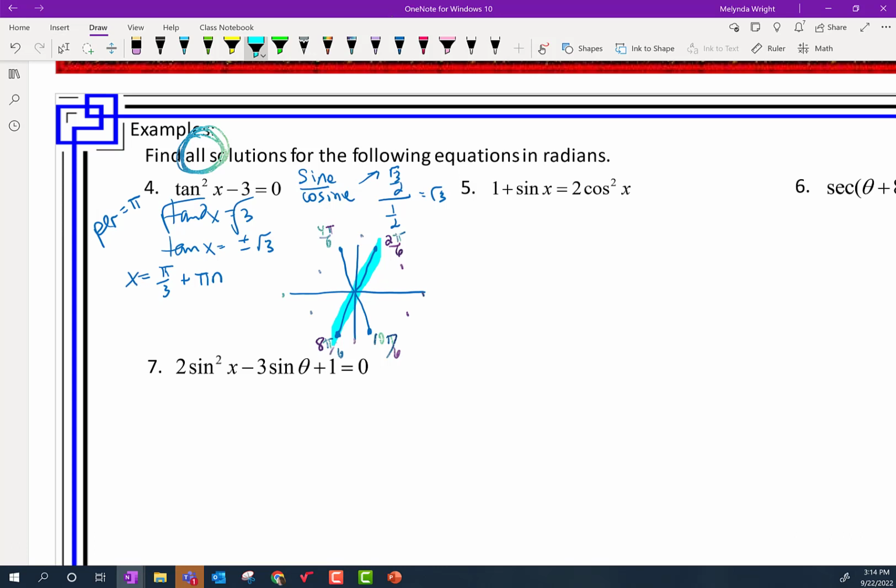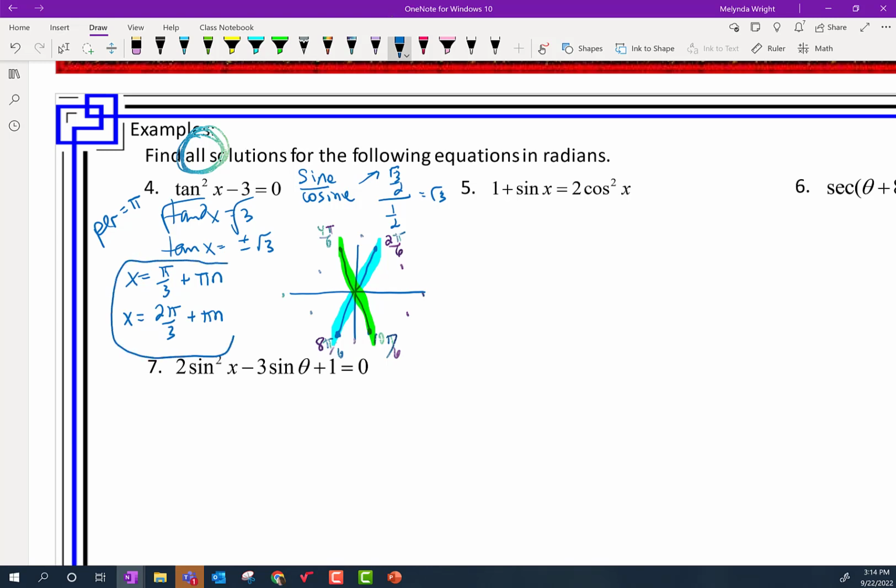Okay, let's do the next one. So x equals 4 pi over 6 would reduce to 2 pi over 3 plus pi n. And looking at this one, if I add pi to 4 pi over 6, I do get 10 pi over 6. So I don't need to write the second ones in the bottom because the period of tangent is pi. This is exclusive to tangent and cotangent.